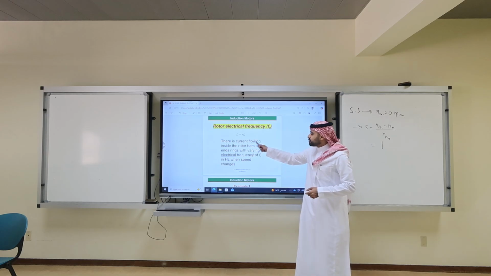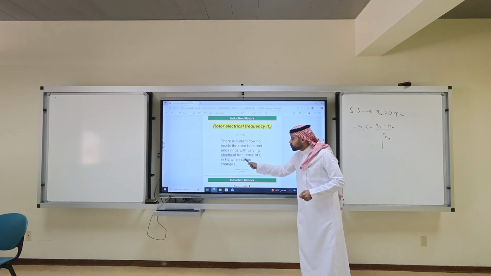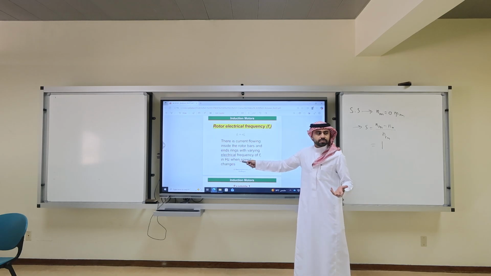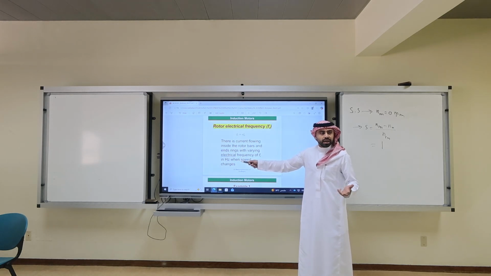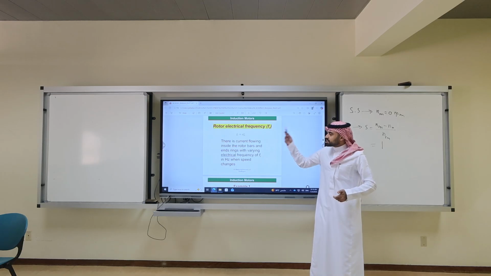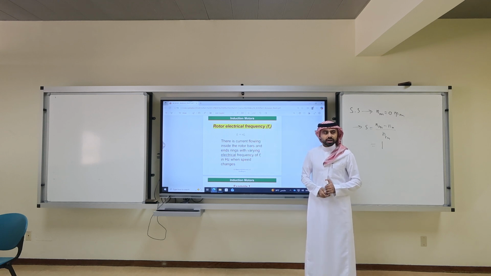So there is current flowing inside the rotor bars and end rings with varying electric frequency Fr in Hertz when speed changes. What does speed changes mean? Slip changes. Okay? So there may be a question in the exam: describe the frequency of the current in the rotor bars.